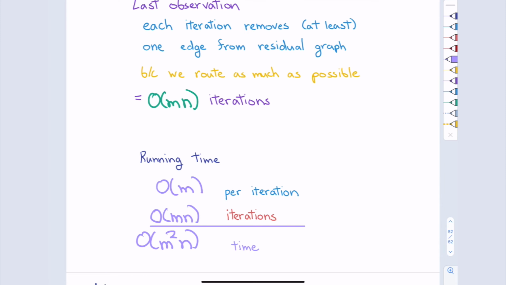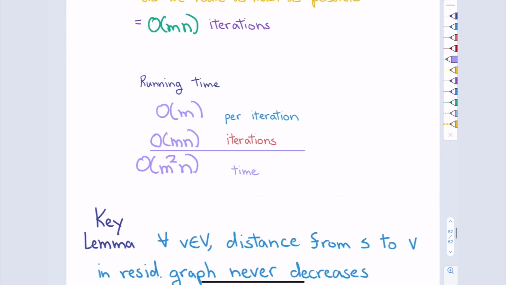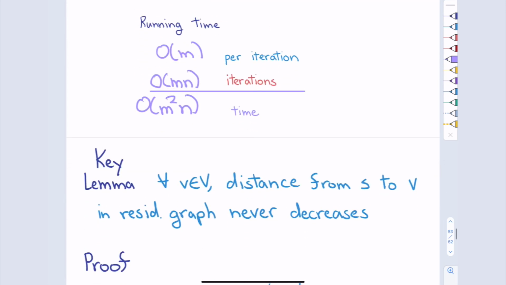Okay. All right, good. So then what's left is proving this key lemma that as long as I'm augmenting along the shortest path from S to T, the distances never go down. That was important to ensure that when things do switch over, some progress was made.